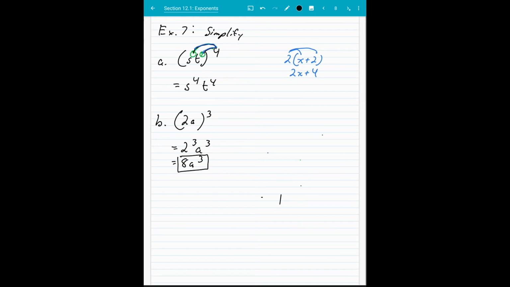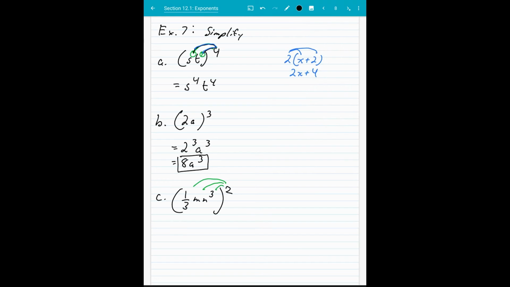Let's look at C. It says 1/3 mn to 3rd, all of it squared. Now this has a fraction in it. Might look a little scary, but we're going to go ahead and distribute it just like we did earlier. I'm going to take that exponent, distribute it to everything in the top.